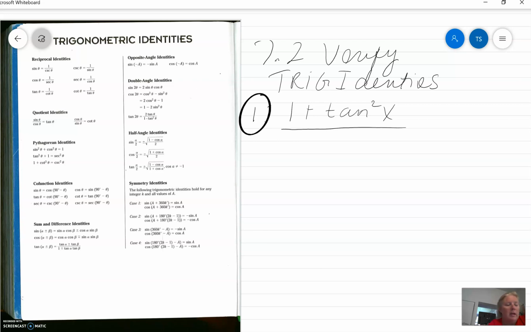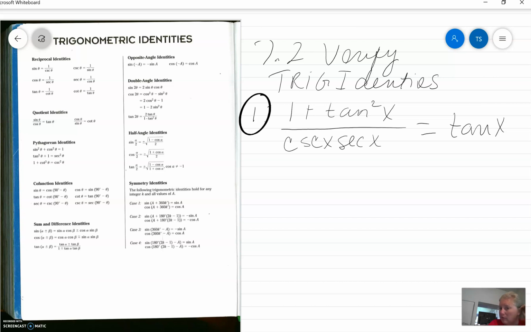We're going to verify if (1 plus tangent squared x) over (cosecant x secant x) is equal to tangent x. Ultimately, we're going to simplify the more complicated side.